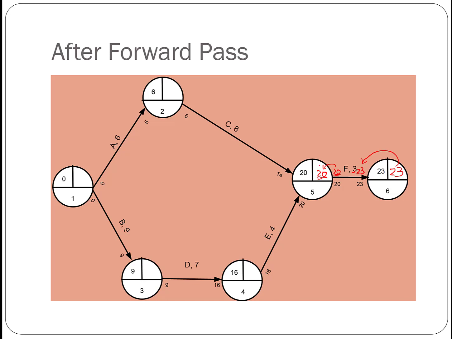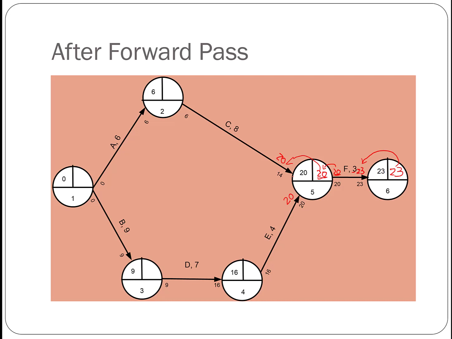Okay, then this 20 would go here, to be the latest finish time for our activity C and our activity E, because this event also represents the completion of activities C and E. So if its late time is 20, then the latest date to complete activities C and E are both day 20.